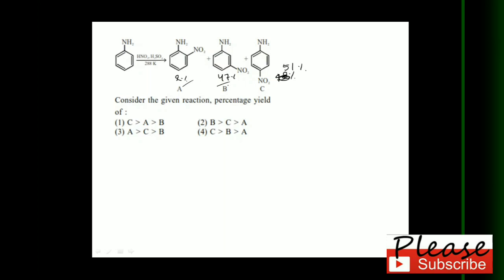In this reaction we generally get more meta product than ortho, because even though NH2 is an ortho-para directing group, the ortho percent is very low. Due to the presence of H2SO4 acid, the aniline is converted into the anilinium ion, NH3 plus. This anilinium ion is a very strong minus I group, a strong withdrawing group, so it deactivates the benzene ring. All deactivating groups are meta directing groups. That's why we can see 47% of the meta product.